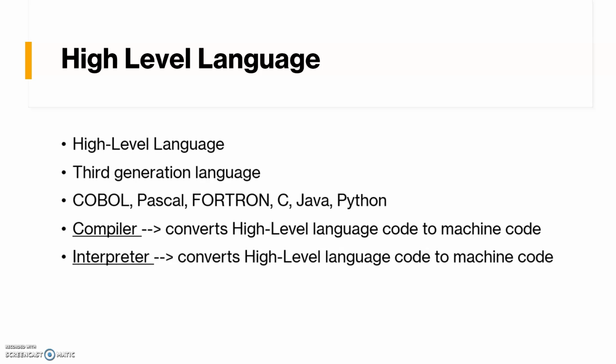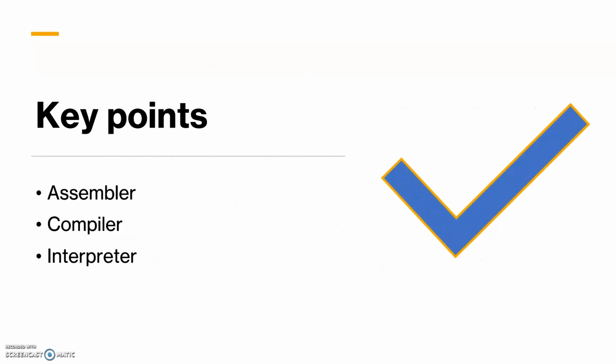Right? So these are the three different types of languages we have: machine level, assembly level and high level. With this, I want to mention three key points from this lecture. You need to understand what is an assembler, what is a compiler and what is an interpreter. For your reference, I'll repeat one more time. An assembler is a software which converts your assembly level code to machine level code, because the computer understands only machine code.